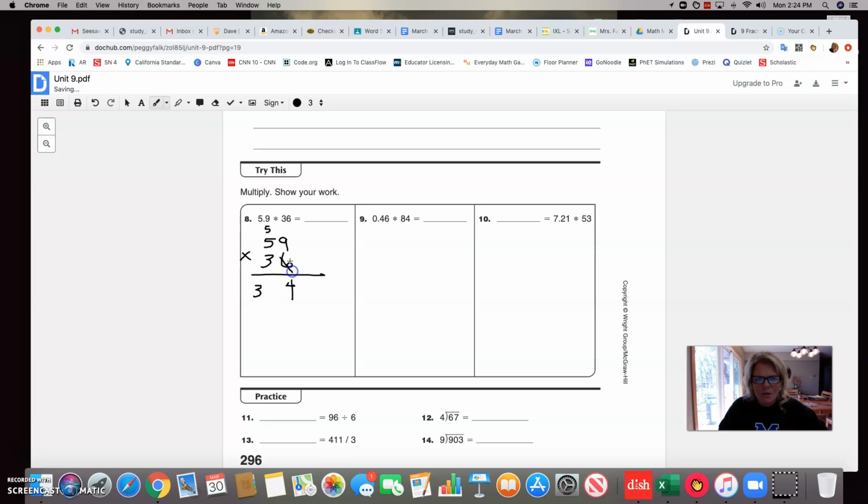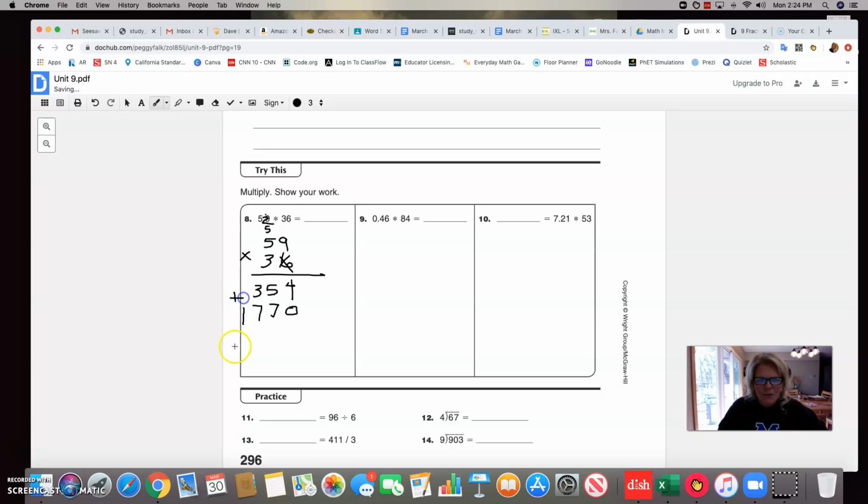Okay, I'm done with the 6. Now I'm going to put my placeholder here because this is really 30, so I am going to put that 0 there. So it's 3 times 9 is 27, and 3 times 5 is 15, 16, 17.